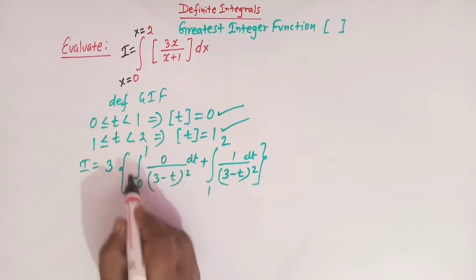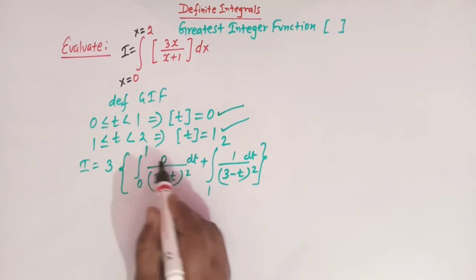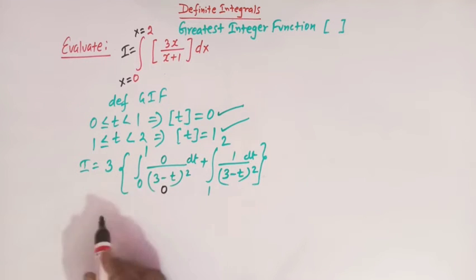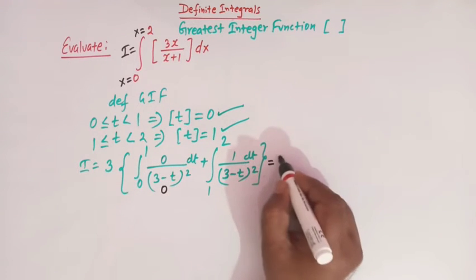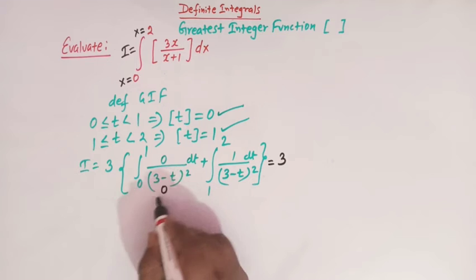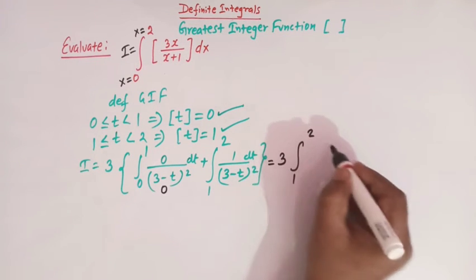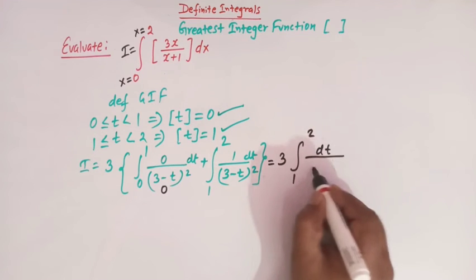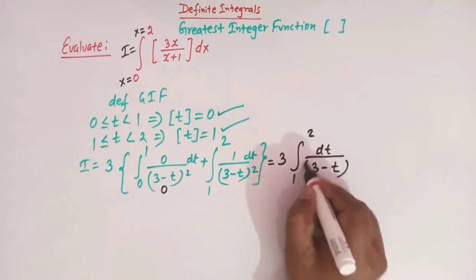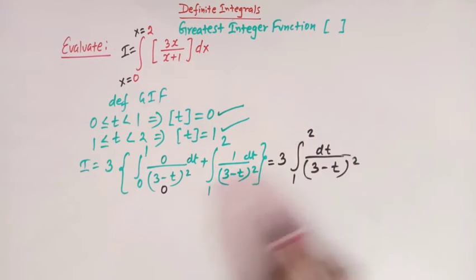Now the value of the first integral is 0, because here we have 0, so we can write 3, and this integral disappears, so we have 1 to 2 and dt over 3 minus t square, right?